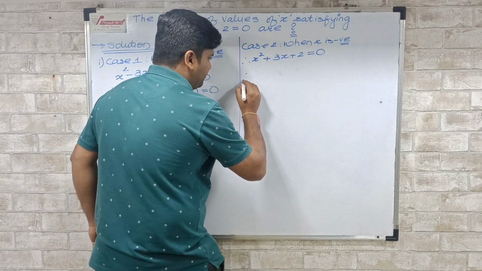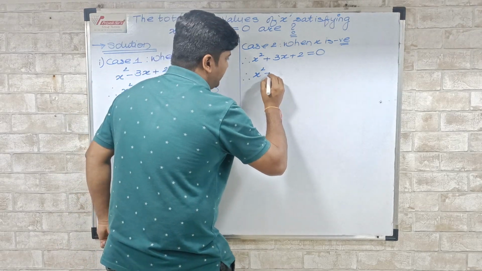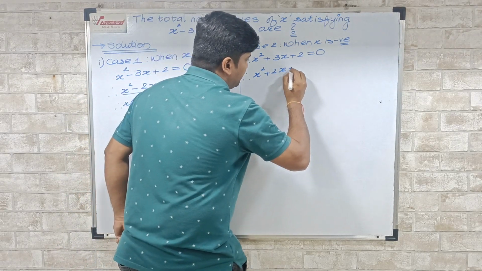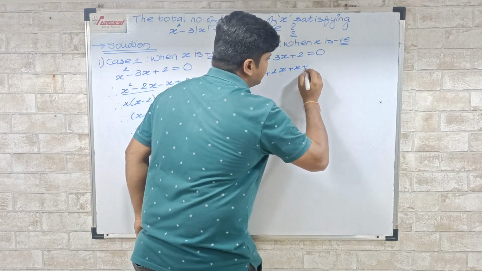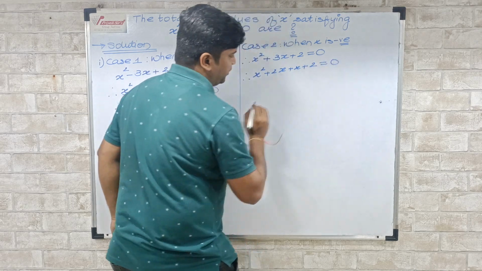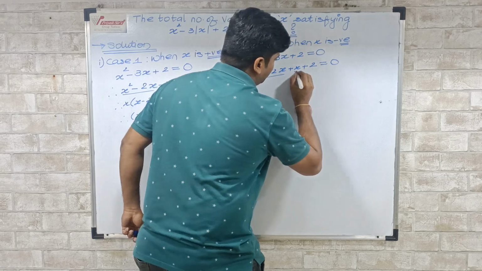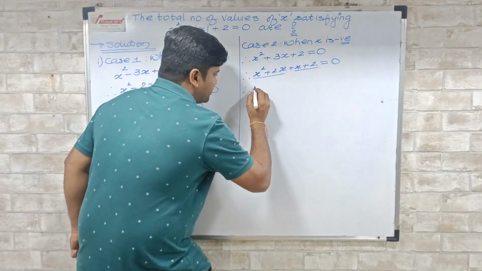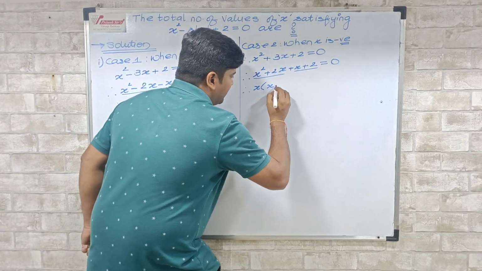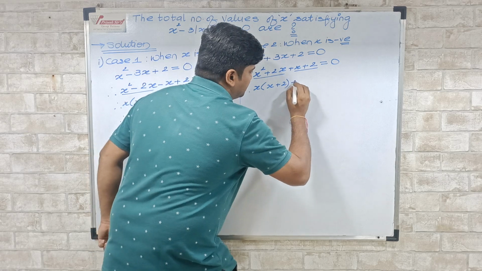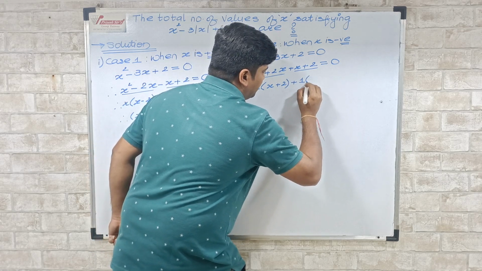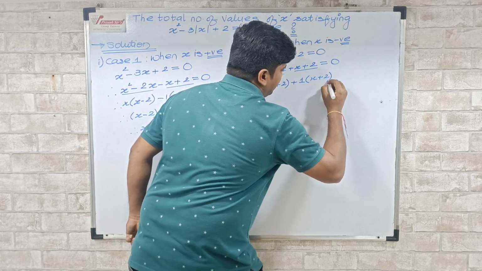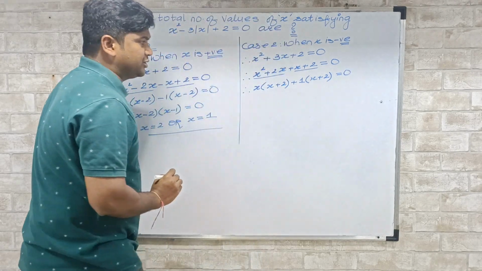Okay. So now it would be x square plus 2x plus x plus 2, which is equal to 0. We take first two and then next two. What is common here? x. So in the bracket you will be having x plus 2. यहाँ पे +1 common, again in the bracket x plus 2, everything equals to 0.